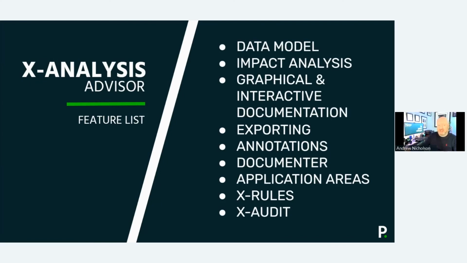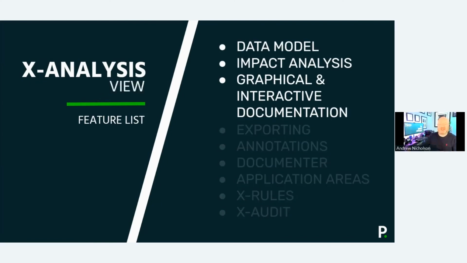And that's why Fresh also provide X-Analysis View with just the essential features required for the leaner IBM-i business. With X-Analysis View, we provide the automated visualization and graphical interactive documentation capabilities, the relational data modeling with drill down to source code, and the where used functionalities for impact analysis too.